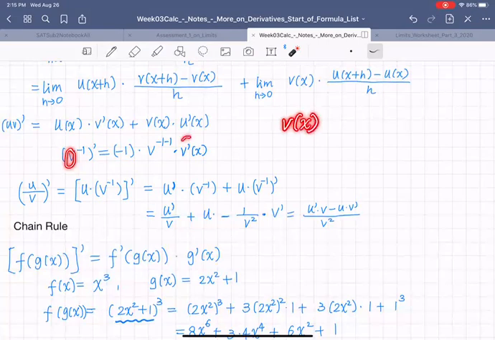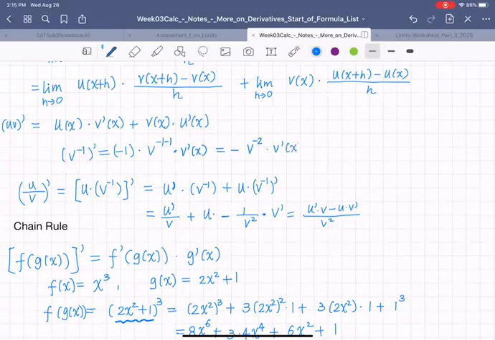So you have to take care of this guy also. Because v is also a function, you have to also take care of this inner layer. So this gives us -1 times v to the power -2 times v prime x.